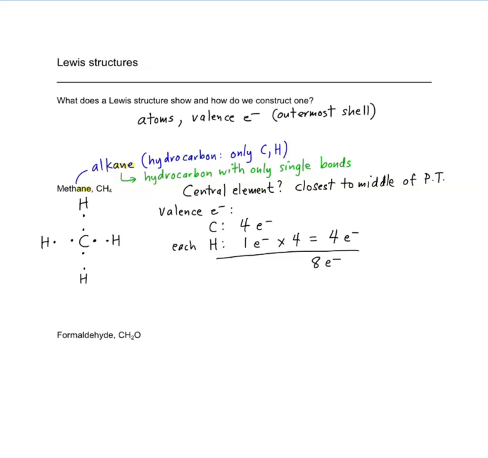And then what you would do is pair unpaired electrons on adjacent atoms in order to make bonds and to fill octets. So that's what we're going to do next, is pair unpaired electrons on adjacent atoms to make bonds and to fill octets.